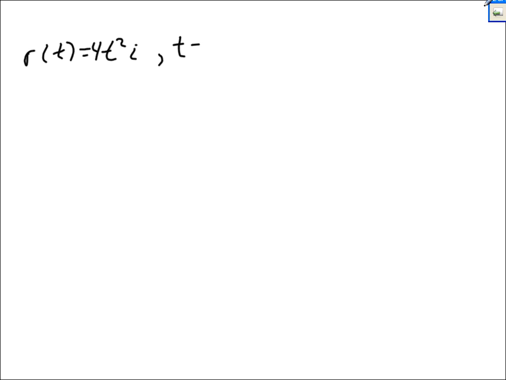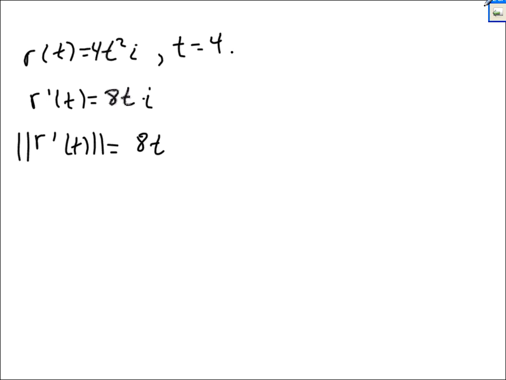You want the curvature when t is 4. r prime of t is 8t i. The magnitude of r prime is going to be 8t. In fact, it's going to be 8 times the absolute value of t.